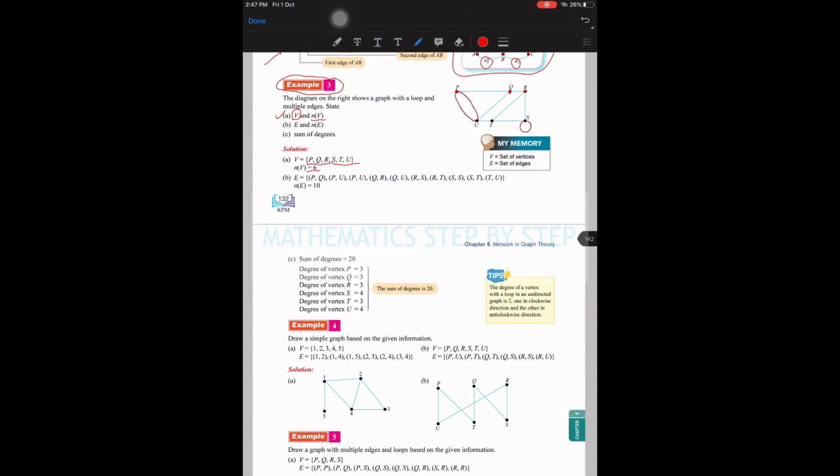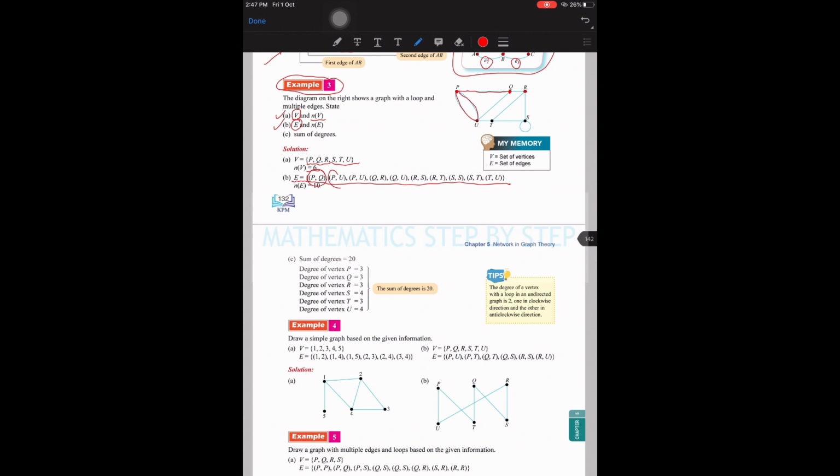Okay, then B, the set of edges. So in this case the edges are not named after E1, E2. Okay, so we will name the edges this way. Okay, so let's see, this line connects P and Q. Okay, so this is how we get this. Then PU, PU.